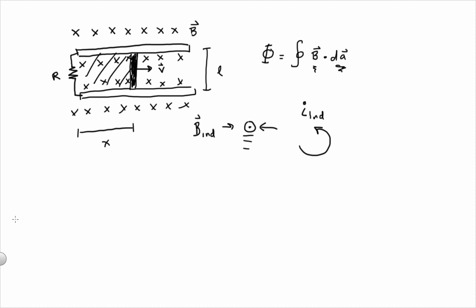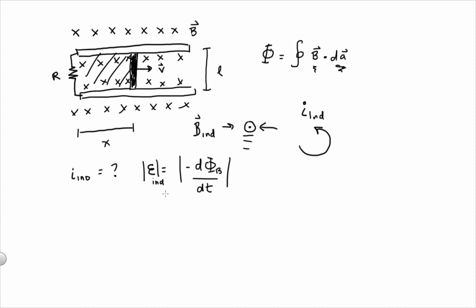All right, so now let's calculate the induced current. How are we going to do that? Well, we're going to rely on two things. We're going to basically look at Faraday's law, which tells us that the magnitude of the induced EMF is the magnitude of our change in flux over time.